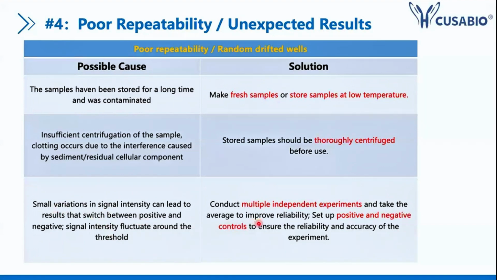For this possible cause, you can conduct the experiment multiple times and independently. For example, if you perform the experiment 3 times independently, and 2 of the results are positive and 1 is negative, then it's highly possible that it is positive, but I'm just saying highly possible. I'm not saying that it's definitely right. Another better option I suggest is to set up positive and negative controls to ensure the reliability and accuracy of the result. With this, you can quickly make a decision.